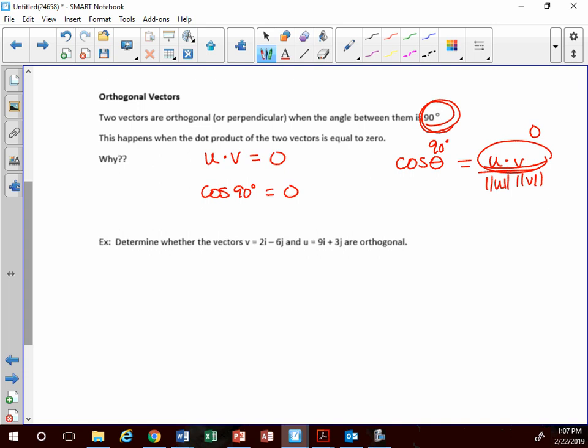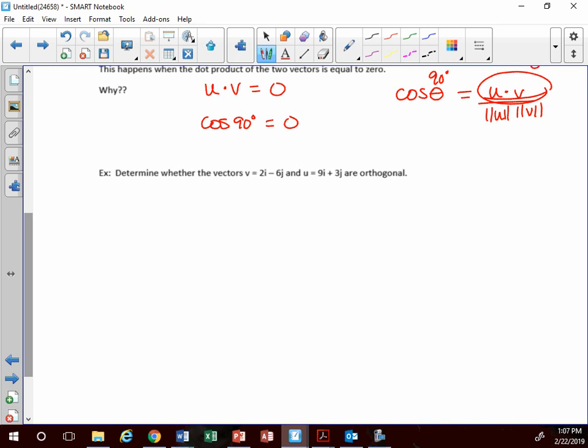We can go back to thinking about slopes. What do you know about slopes of perpendicular lines? What do you mean by inverse? Negative reciprocals, or opposite reciprocals. You guys like to throw inverse around, and I don't know that you mean what you think you mean when you say it. So let's look at the example here.